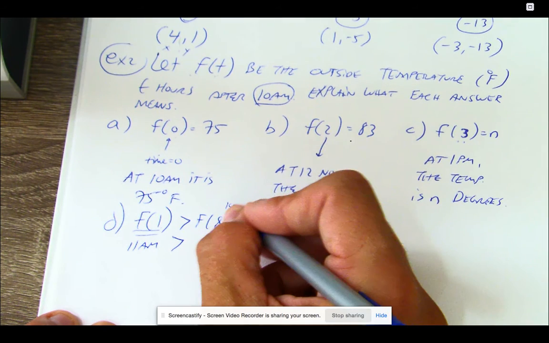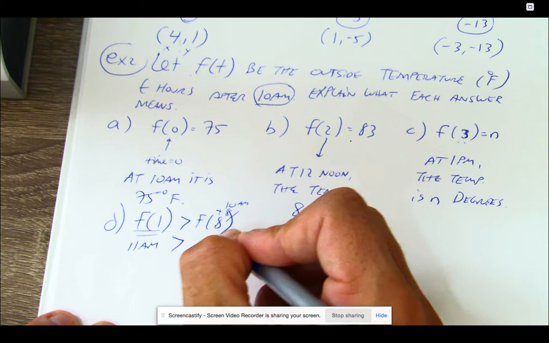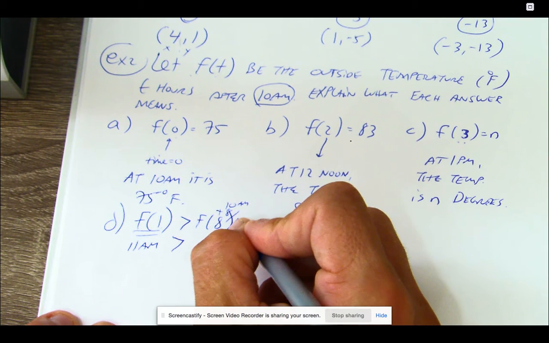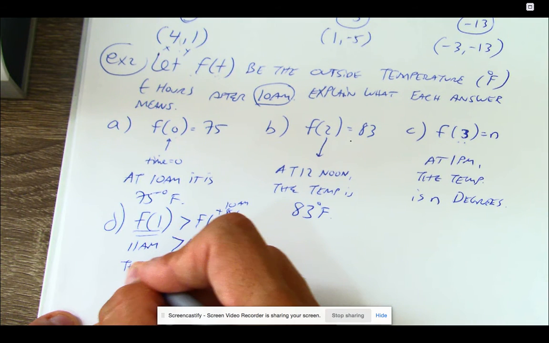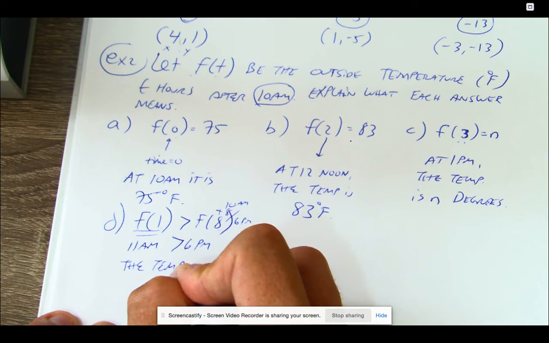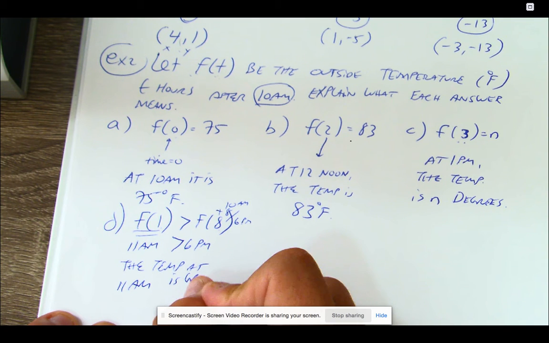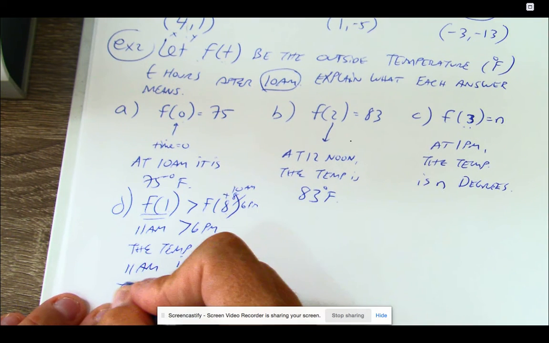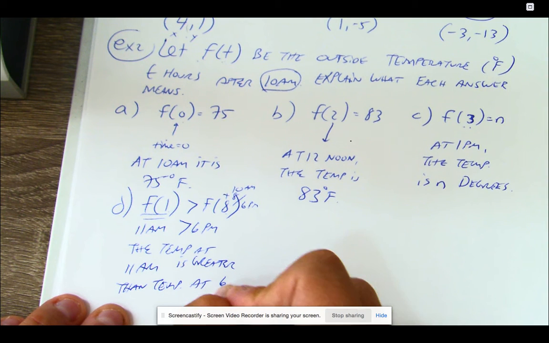Well, if I took 10 and added it to 8, remember it's 10 a.m., at 8 hours, that should go all the way to 6 p.m. So that means the temperature at 11 a.m. is greater than the temp at 6 p.m.